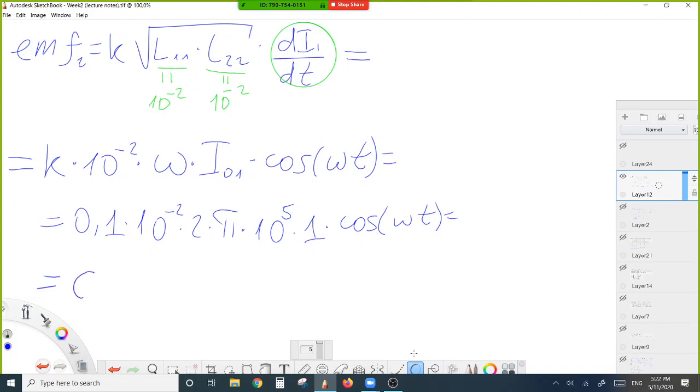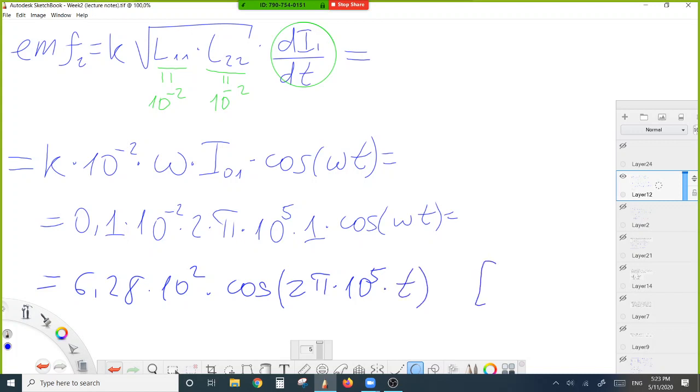We have 6.28 multiplied by 10 to the power of 2 multiplied by cosine omega t, which is 2 pi 10 to the 5 t volts.